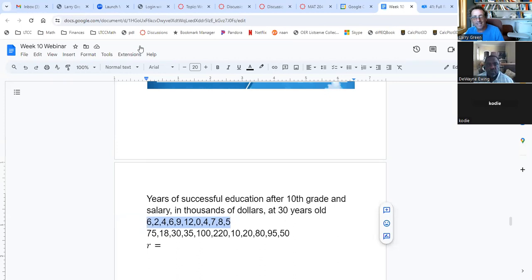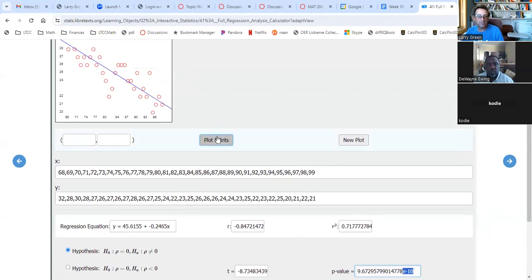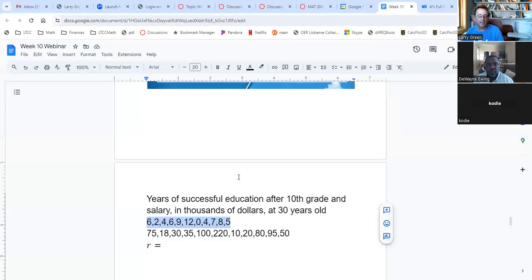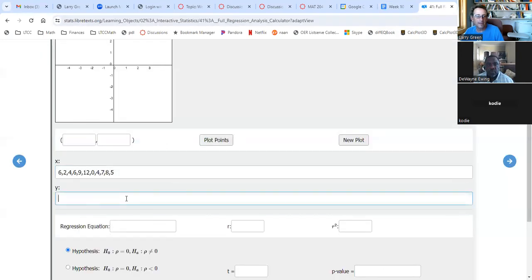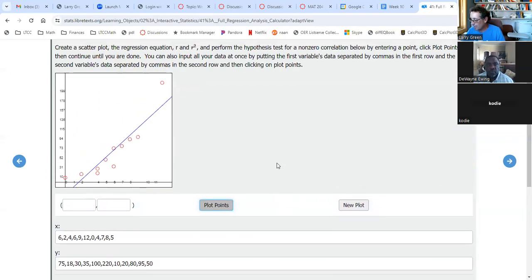So I'm going to put this in the calculator. Again, you always want to go to new plot. I'm going to paste our independent variable. I'm going to paste the dependent variable. And hit plot points. Does it look like a correlation?